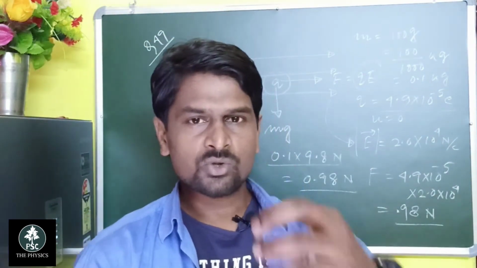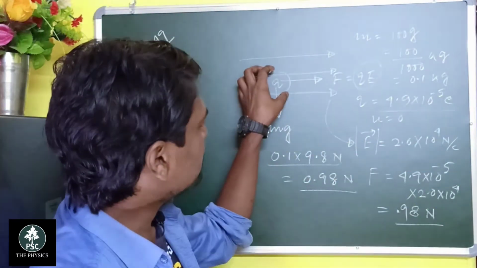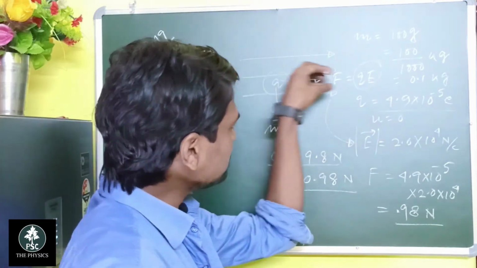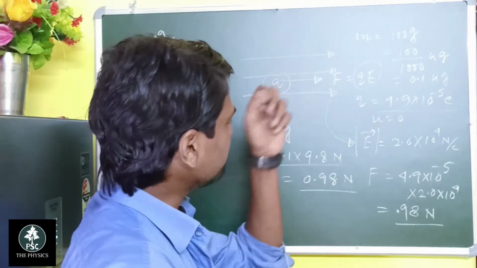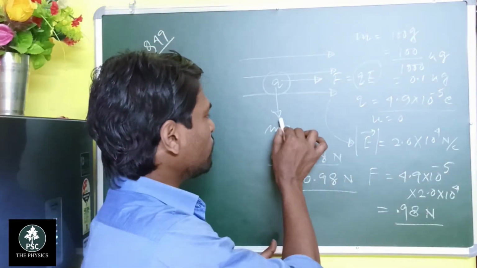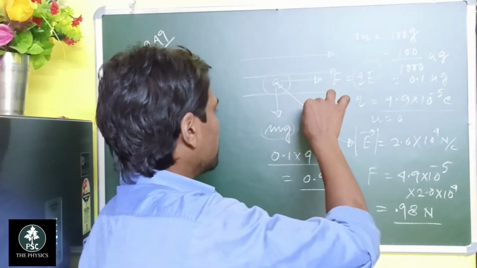Okay, so there is an electric field along this direction and a charge is kept at rest, and along the downward direction there is a weight acting. So the resultant is along 45 degree.